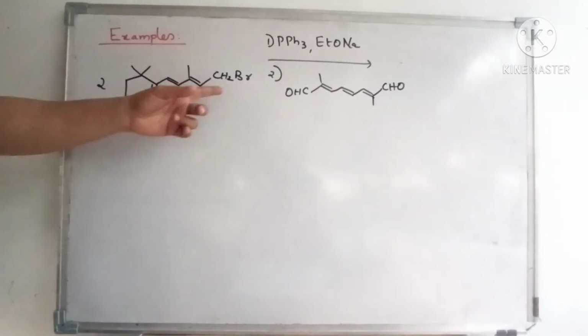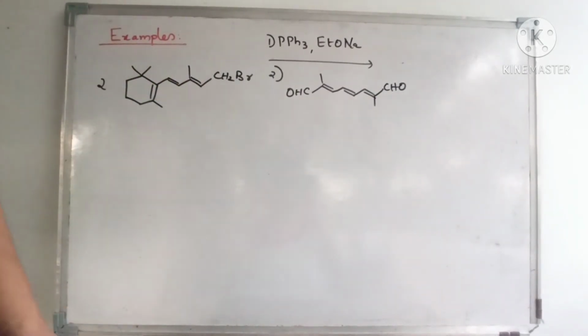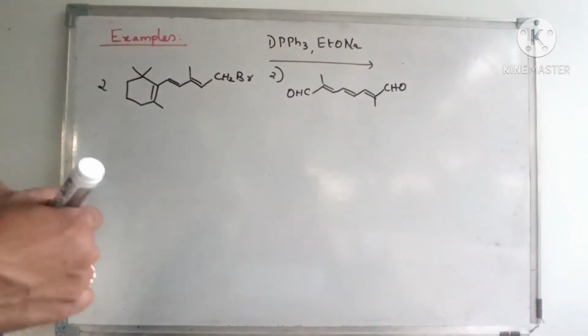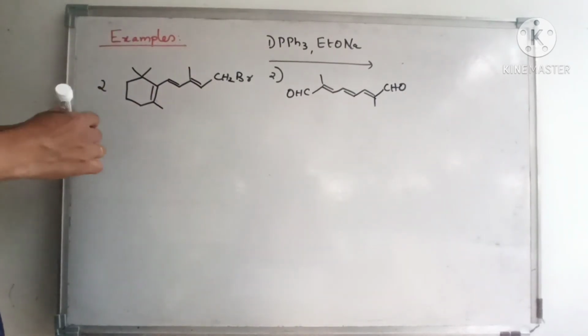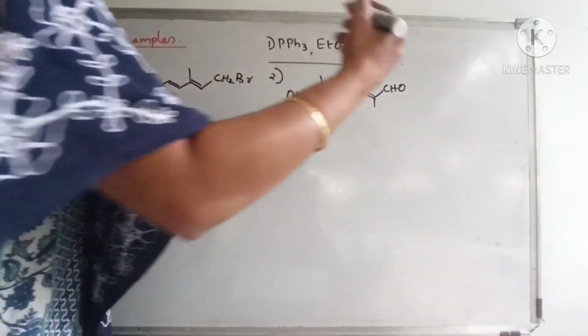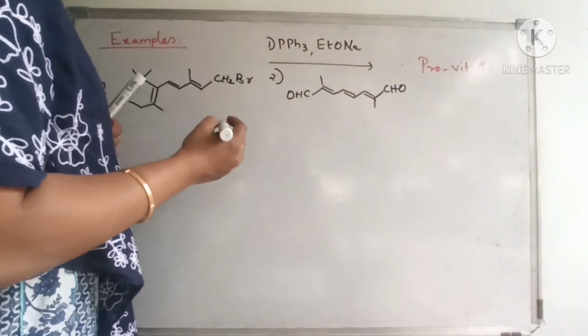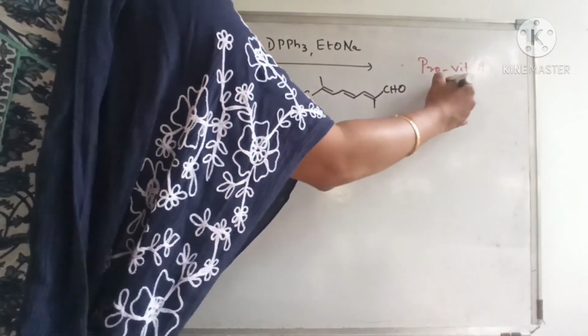Okay, so here, looking into the substrate, it is somewhat similar to our vitamin A structure. This is a reaction in which provitamin A is synthesized. Provitamin A, or its name is beta carotene.